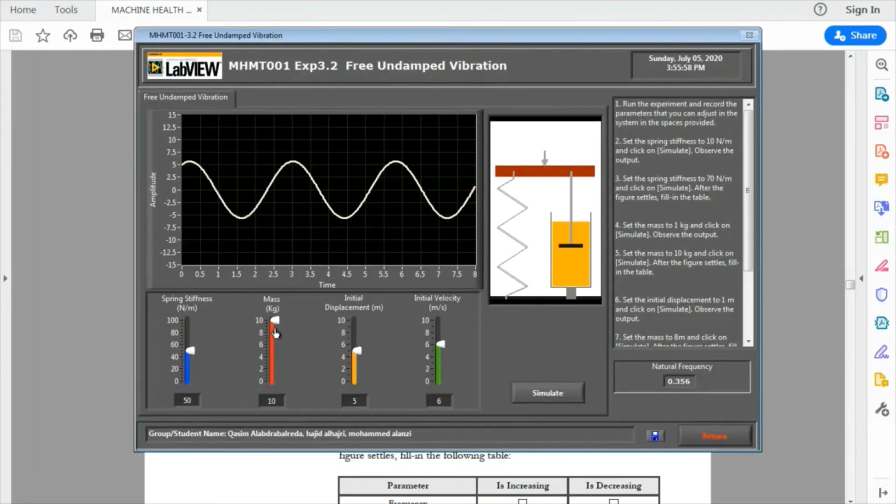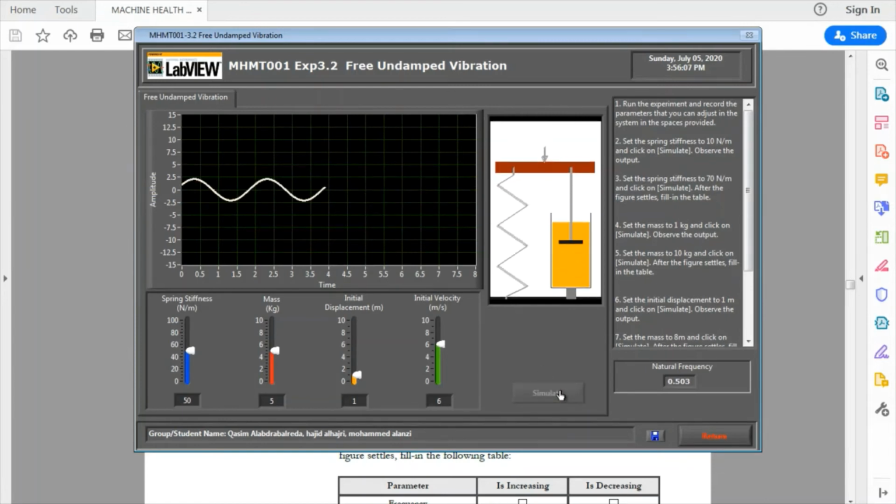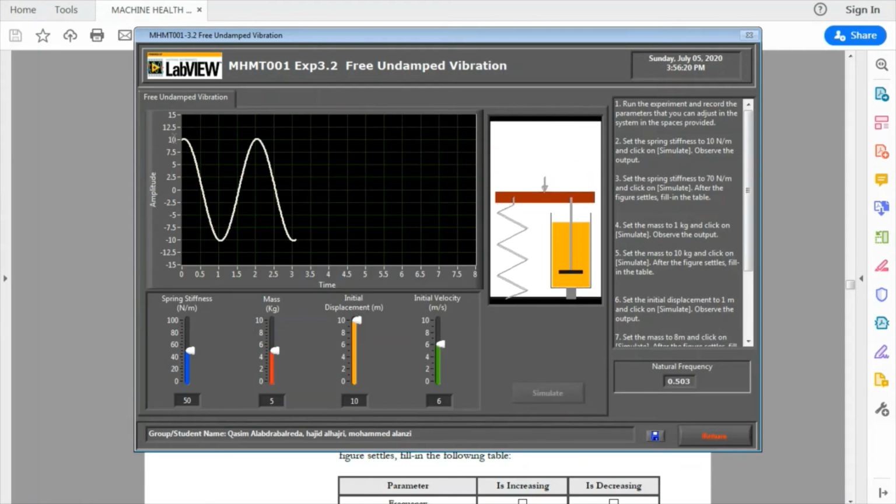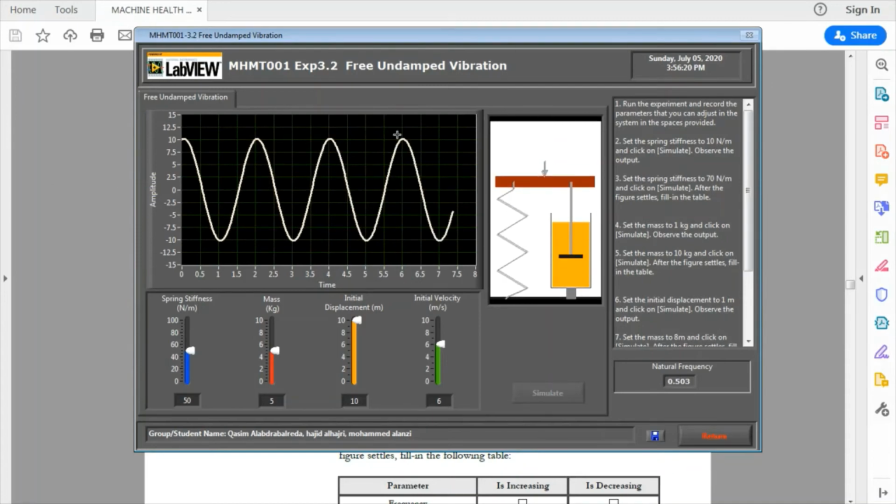I'll keep everything at a normal or average value, and for displacement I will select 1 and click simulate. I can see that it's almost 2.5, with 1, 2, 3, 4 peaks. What about 10 and simulate? Different amplitude and different frequency.